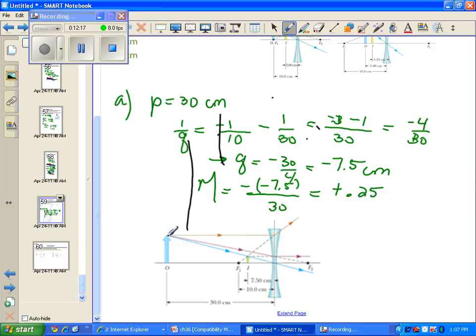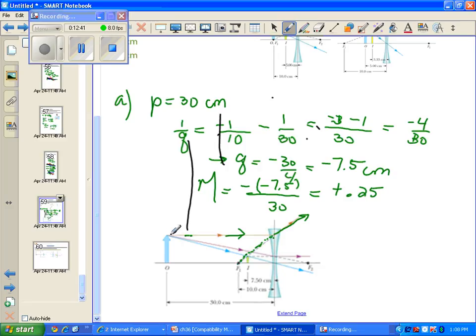And here's our object. First principal ray, parallel to the principal axis, strikes the lens, and you can see the refracted ray backtraces to the focus.